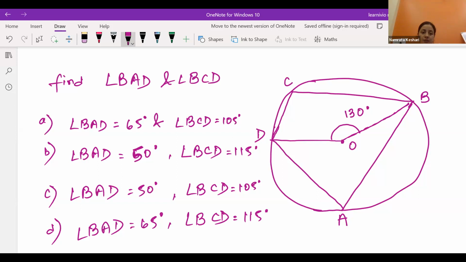Afrin and Samia. We have to find angle BAD. Okay, can we see that there is an arc?